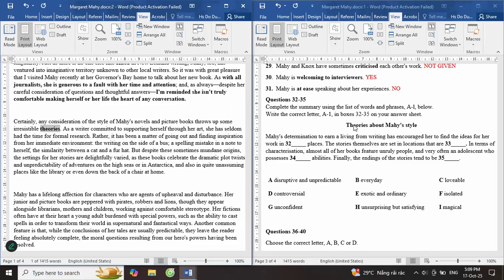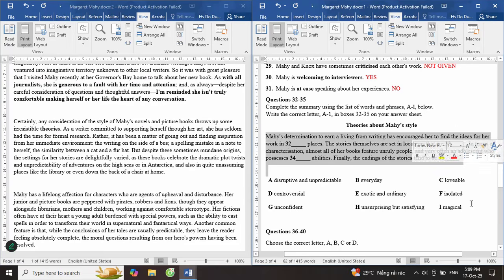If you finish, maybe you want to pause a little bit more to see if you can do any questions for numbers 32 to 35.